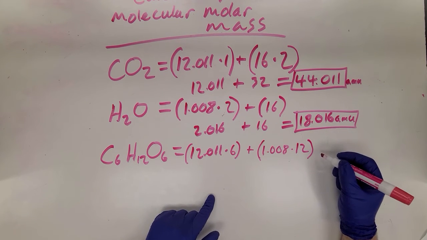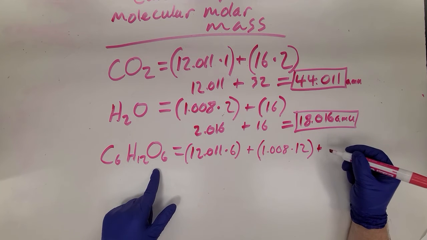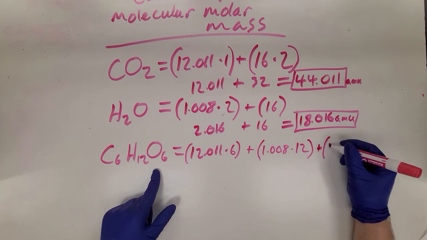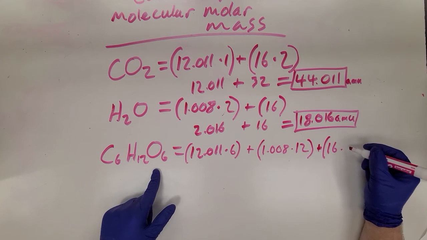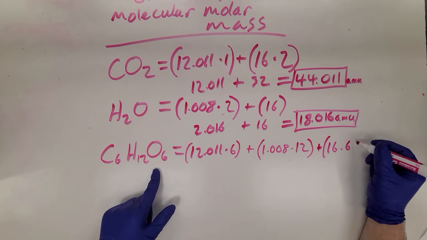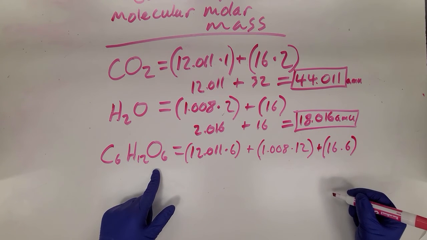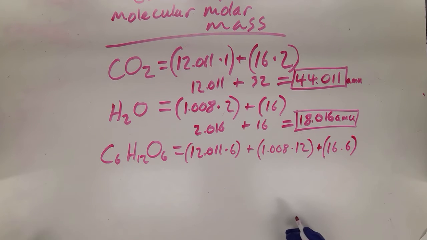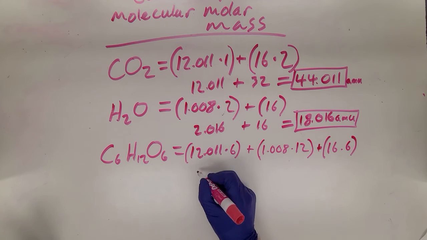All right, and then there are 6 oxygens, with an atomic mass of 16 times 6. Now I'll break this down and simplify it really quick. 12.011 times 6 gets us 72.